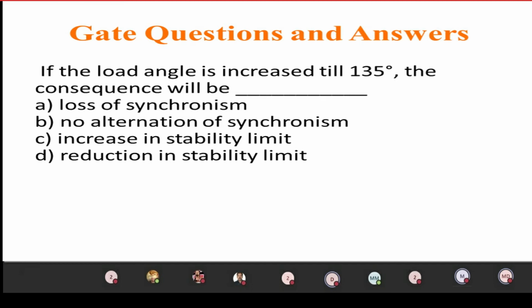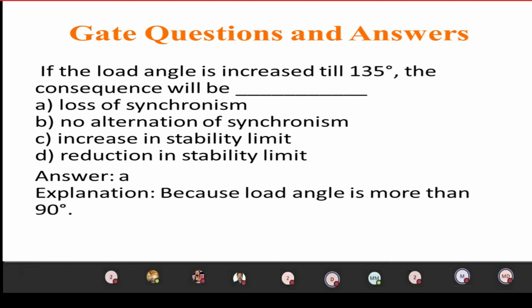Above 90 is our limitation. So an increase till 135 degrees means heavily loaded, and the consequence will be loss of synchronism. So we lose the synchronizing process because the load angle is more than 90 degrees. 90 degrees is the limitation, so once it reaches 90 degrees it loses synchronism.